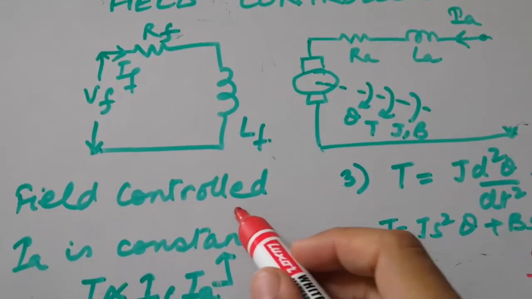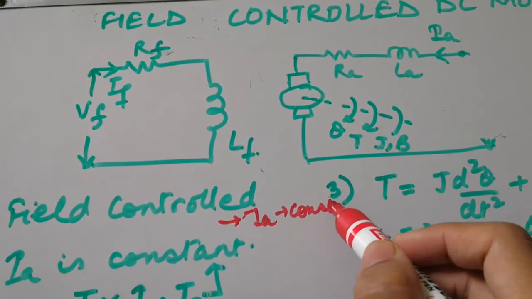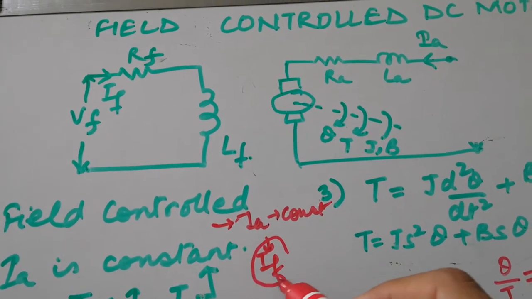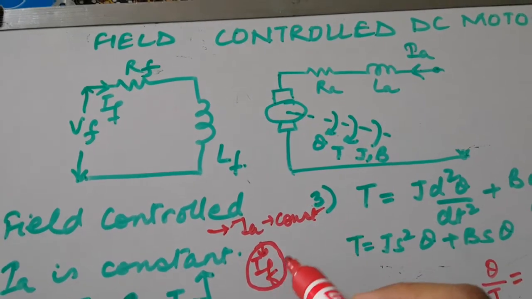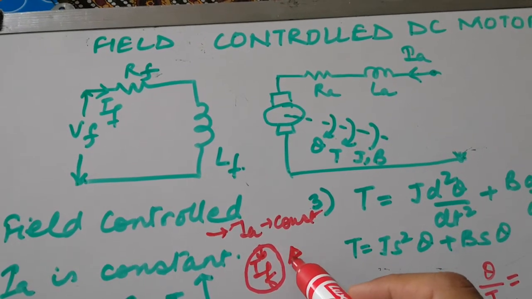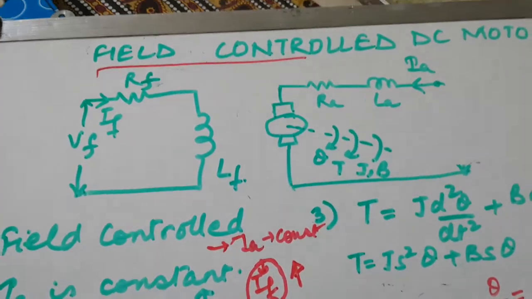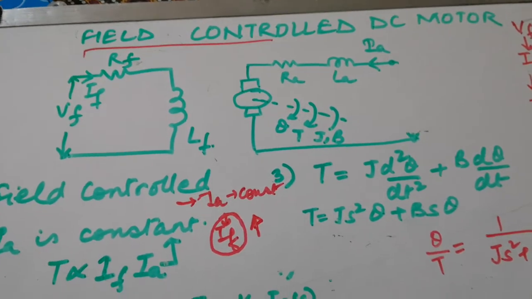When we keep our armature side constant and only vary the field current, because the output speed is controlled by variations in the field current, this is called the field controlled DC motor. This is the main difference between a field controlled and the armature controlled DC motor.